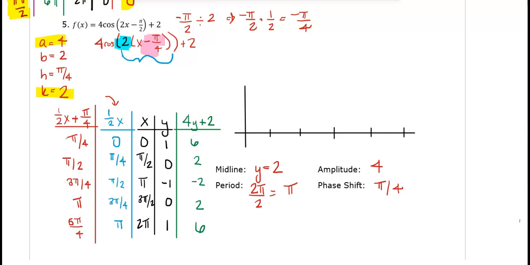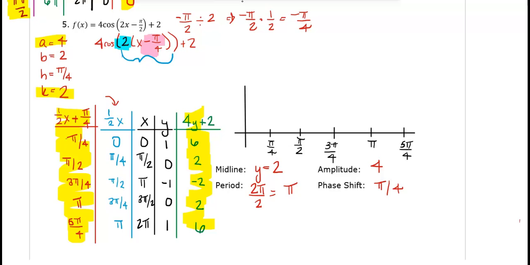So that gets me all of the x values and the y values in order to graph my function. So there's my x's and there's my y's. So let's go ahead and label the x-axis. This is pi over 4, pi over 2, 3 pi over 4, pi, and 5 pi over 4.